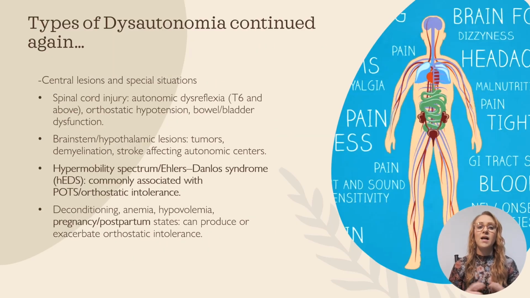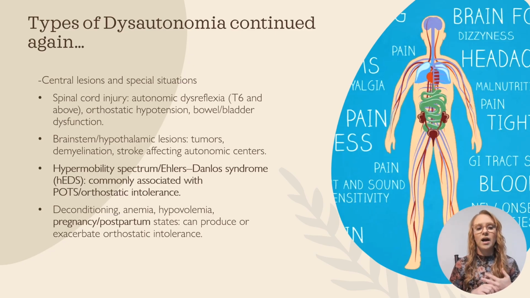So my last few things about our different types of dysautonomia are things like spinal cord injuries that can cause dysautonomic symptoms. You also have brainstem or hypothalamic lesions, so things like tumors, demyelination issues, and then definitely strokes. A lot of our stroke patients that we see tend to have some form of autonomic dysfunction. It tends to go hand in hand.